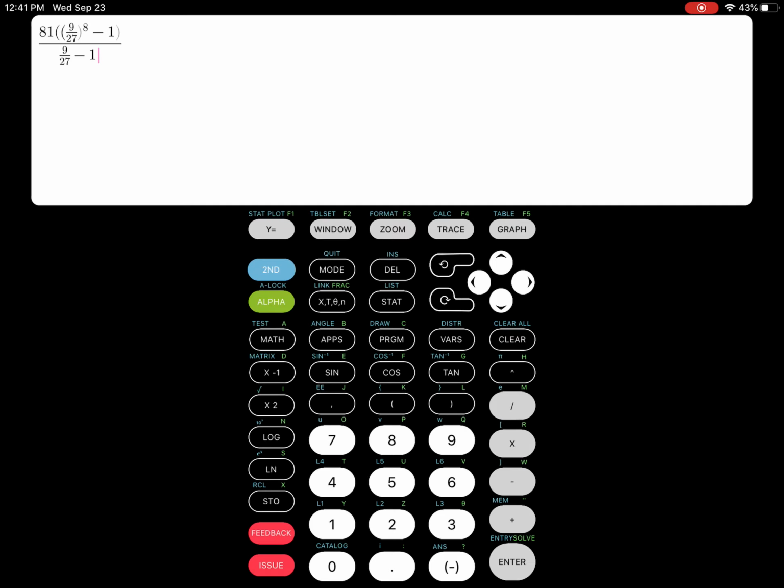So what I've got here is really what you should have in your calculator. If you mess up your parentheses, you're going to get an error. And actually, I don't really think you need those extra parentheses around that 9 over 27, but it's just easy to mess it up.